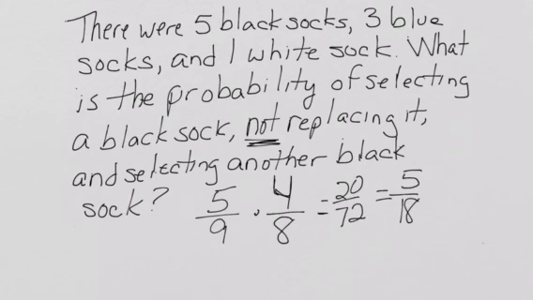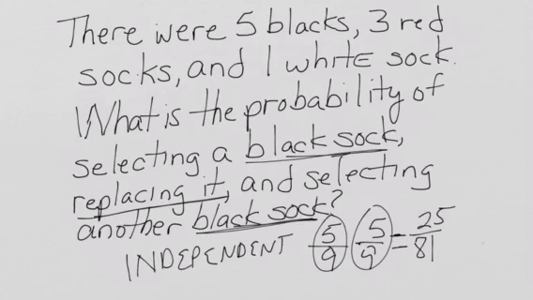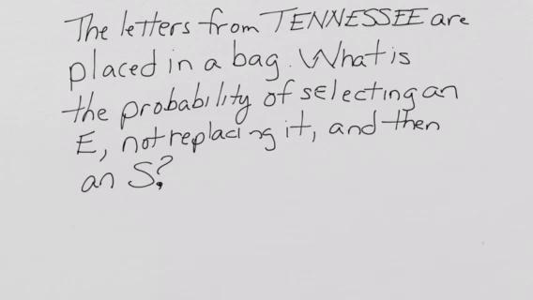But in this case, we call this one dependent. And the reason we call it dependent is because what happened in the first drawing does affect what happens in the second. If we draw out a black sock and we don't replace it, it's going to affect the second probability. Well, let's look at one more and see if we can't figure it out.